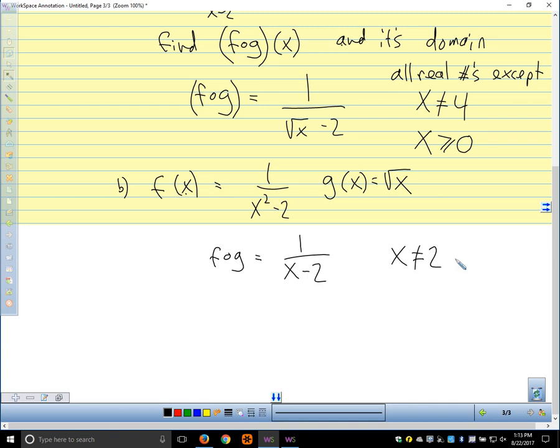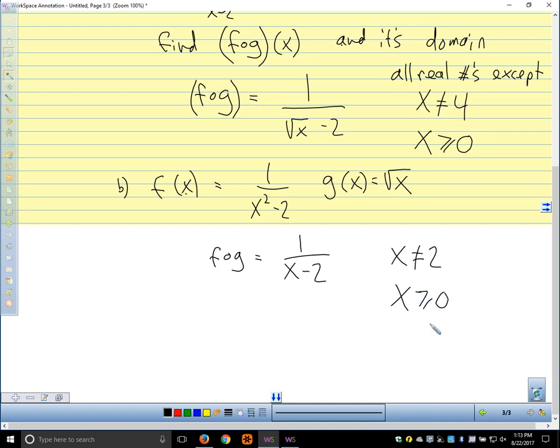But we are careful, and we realize that when we do a composition, we're plugging our number into g first, and then putting that into f. So what do we have to restrict from the domain of g? Negative numbers again. So we'd say x greater than or equal to 0.